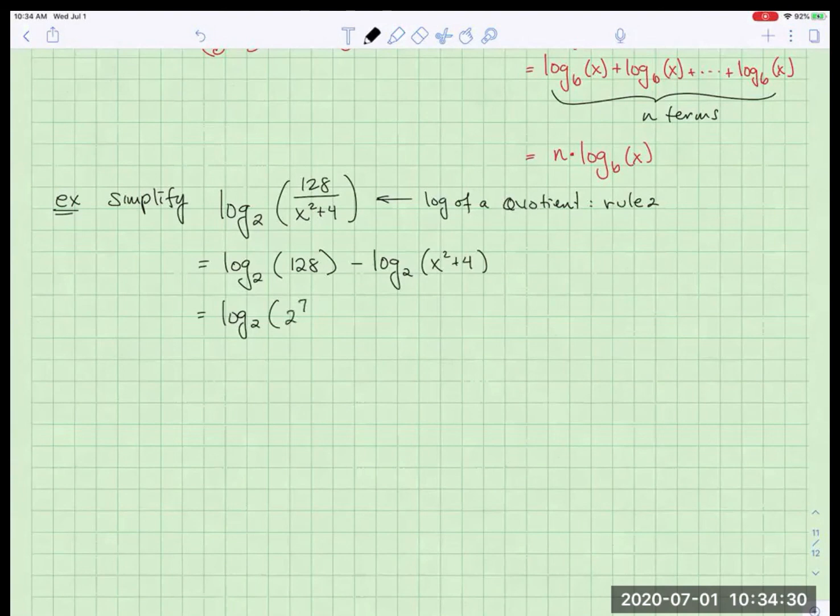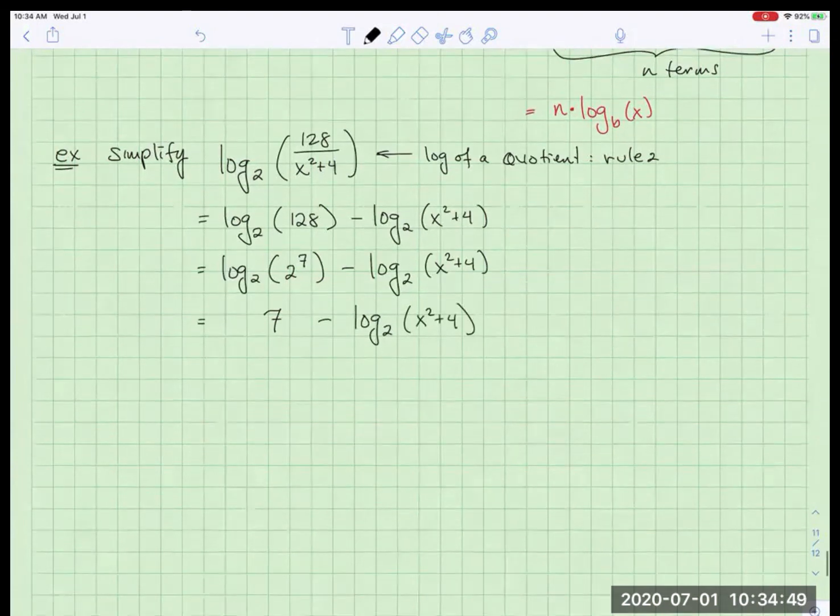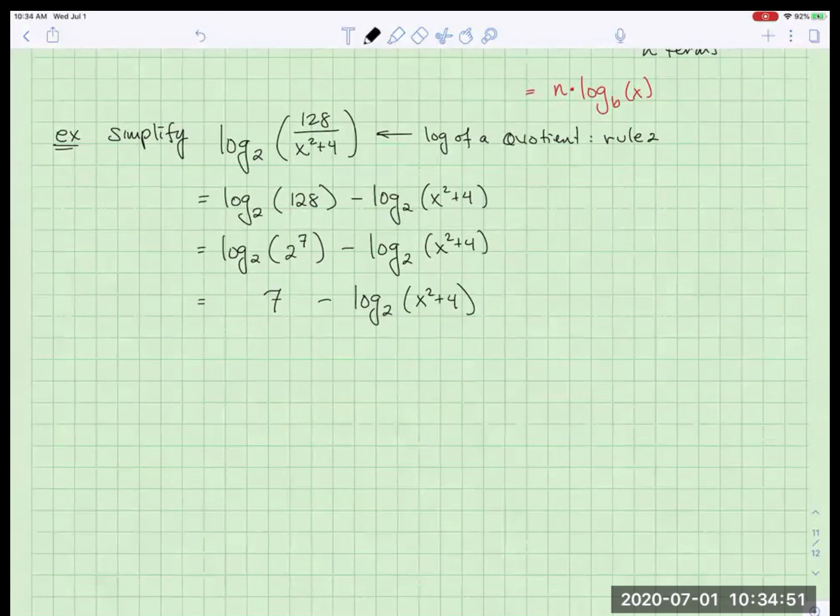This is 2 to the 7th power, minus log base 2 of x squared plus 4. And this just becomes 7 minus log base 2 of x squared plus 4. And apparently, as far as the book is concerned, this is the simplified version of that expression. Maybe a little bit more simple.